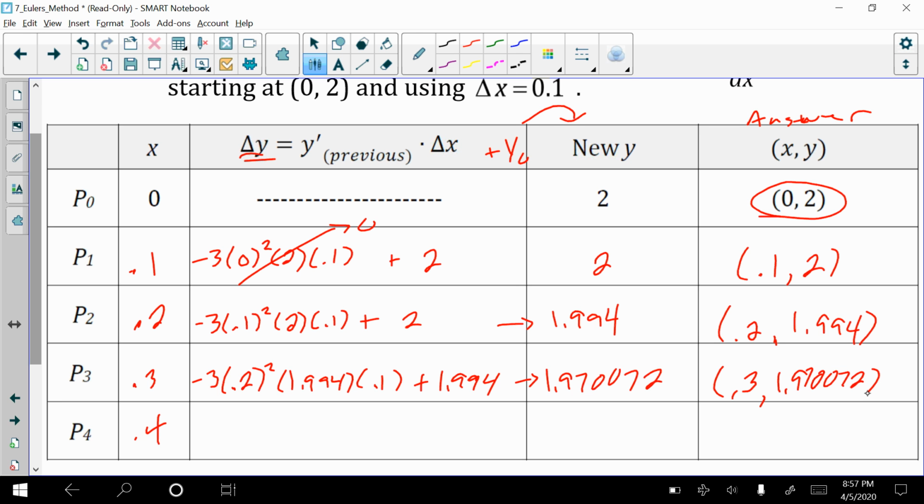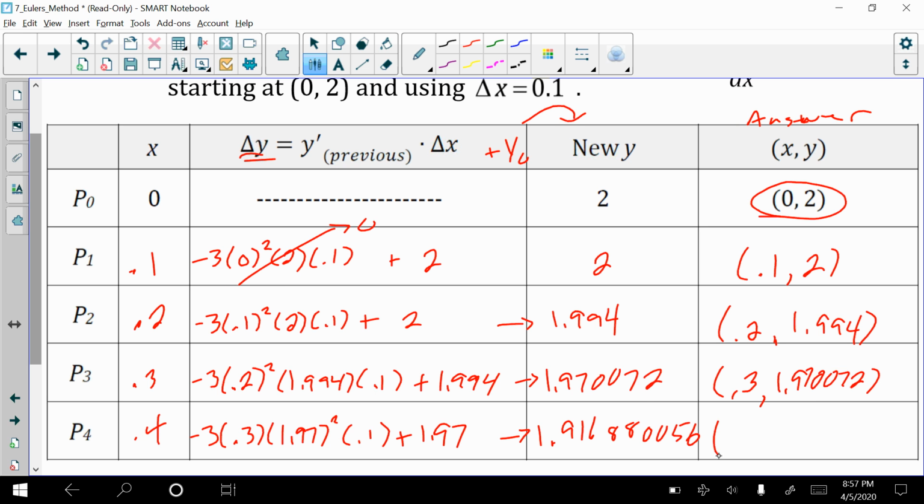And so for the fourth step, and we have to go through four because it's asking us what it would be for all four. That's what the question is asking. We're going to say negative 3 times the previous x number of 0.3. Now for the y number, I'm going to round it here, 1.97 squared times delta x of 0.1 plus the 1.97. Now in my calculator, obviously I'm not rounding anything, but when I type all of that into the calculator, I'm going to get 1.916880056.